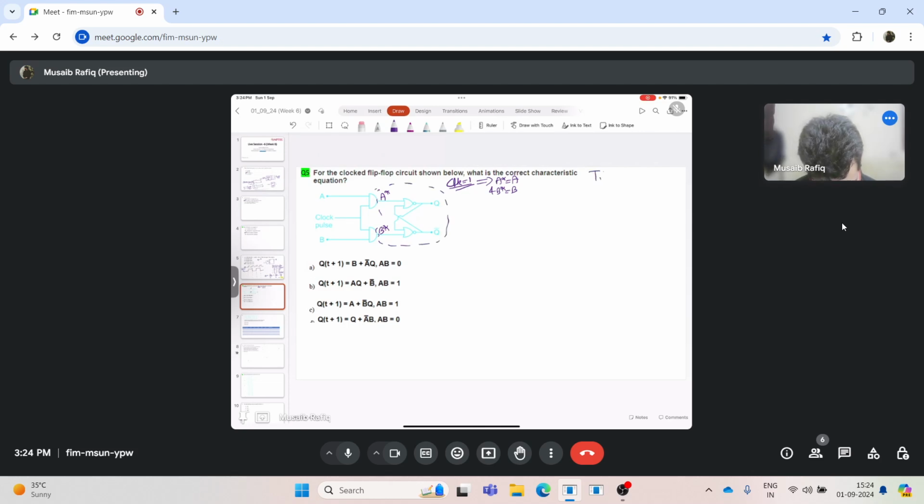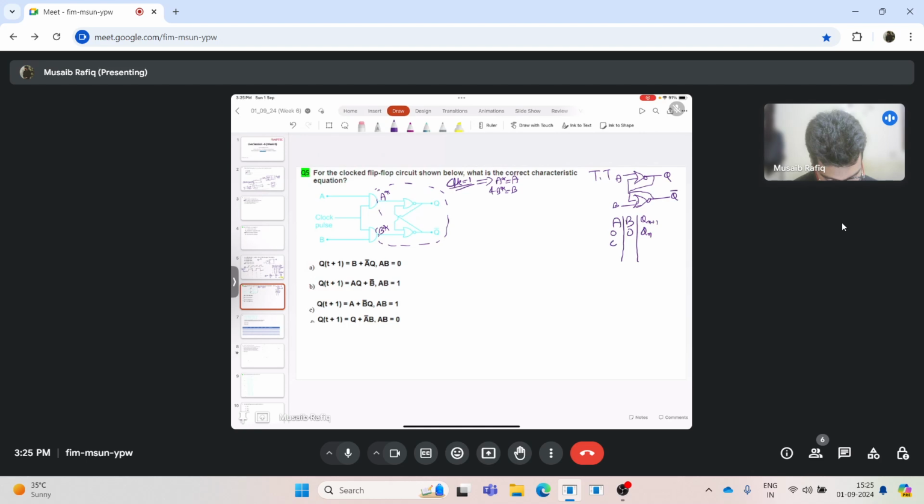Now let's draw the truth table of this circuit. This is your B, this is your A, this is Q, this is your Q complement. So we have A, we have B, we have Q n plus 1. So when A equal to 0 and B equal to 0, Qn plus 1 will be equal to Qn, the previous state, right?